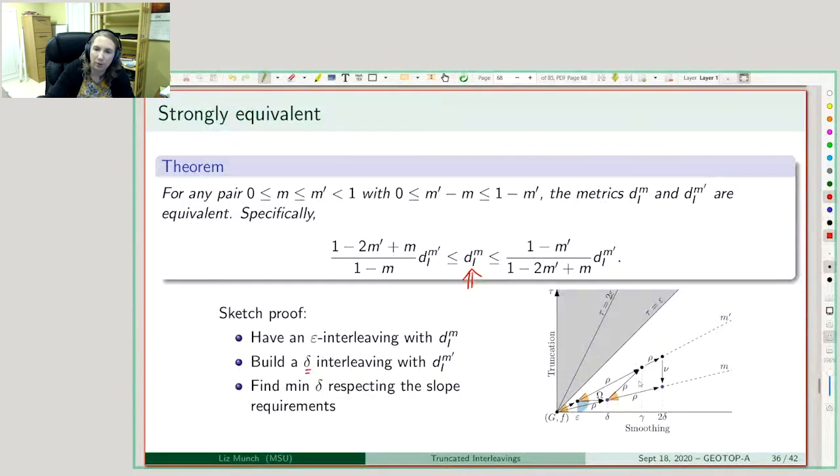So in this case, I'm trying to essentially get across and back between these lines. So from the m line to the m prime line and back. Essentially across and back in a way that still has all of the maps I need. So where these constants come from is essentially drawing pictures like this and then trying to line up my slopes in a way that makes sense.